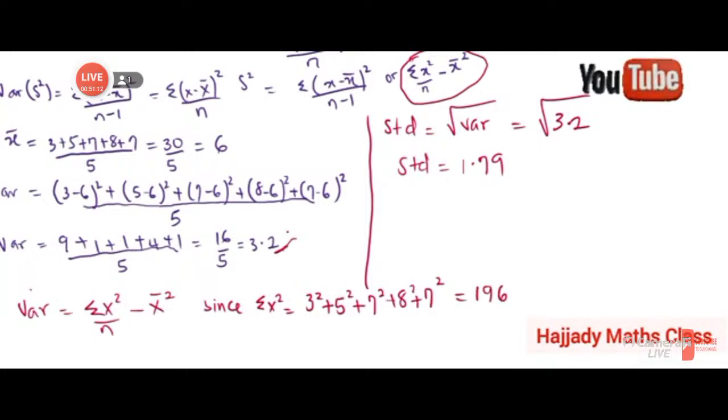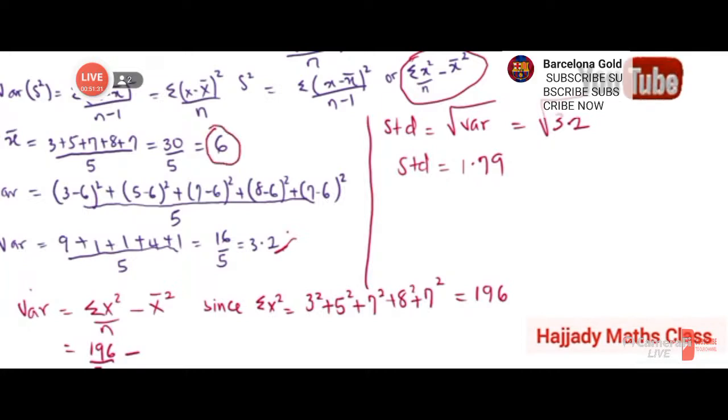Okay, and don't forget our x bar squared. So in this case, my variance is going to be summation x squared, which is 196, over 5, which is the number of observations, minus x bar all squared, and my x bar from here is 6, so minus 6 squared. So this is going to be 196 over 5 minus 36.